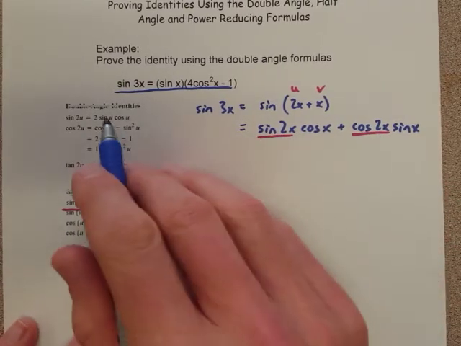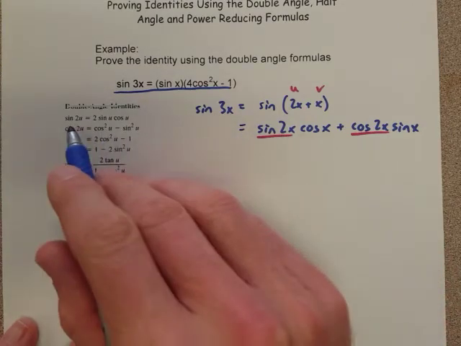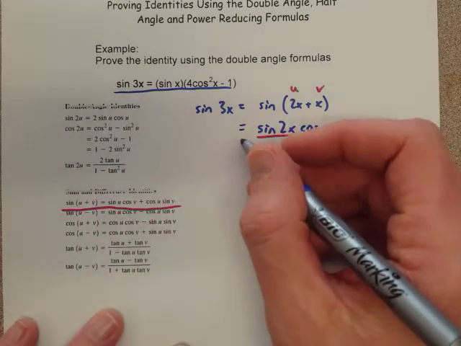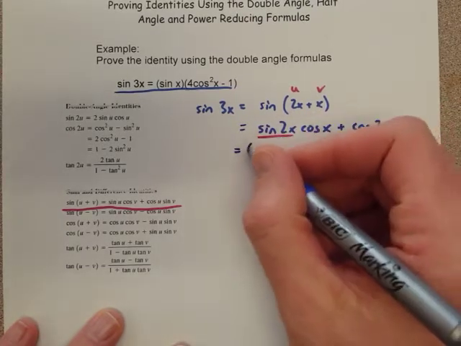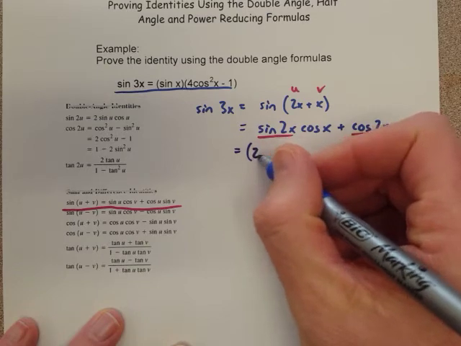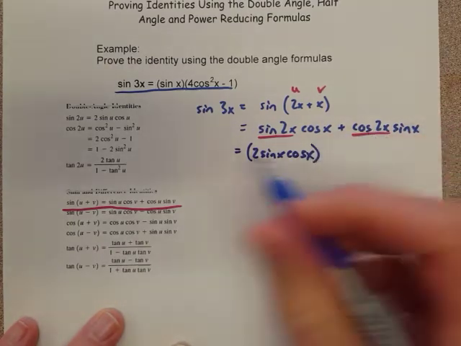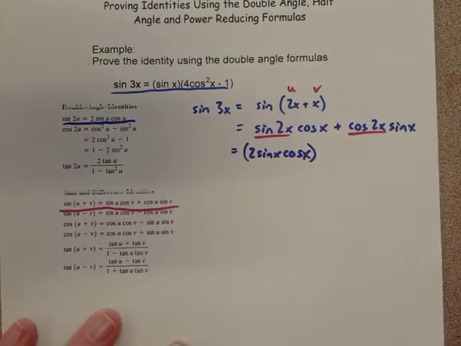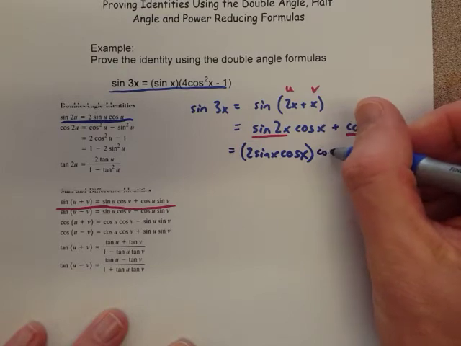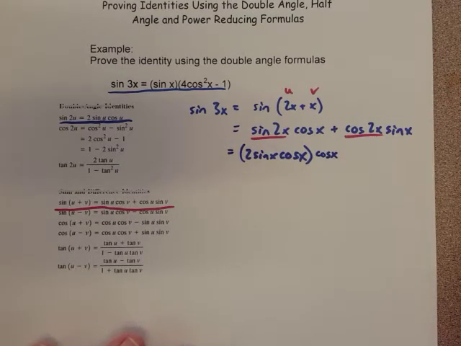That's where the double angle formulas come in. Now, with sine of 2x, there's really only one option, and so we'll use that here. We'll replace the sine 2x with 2 sine x cosine x, and that is according to this double angle formula right up there. Don't forget to have that cosine there with it. That still has to be in there.